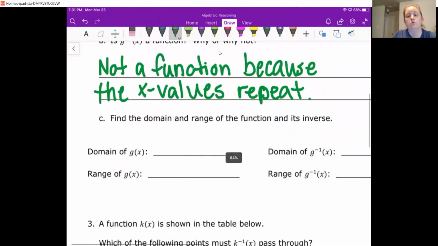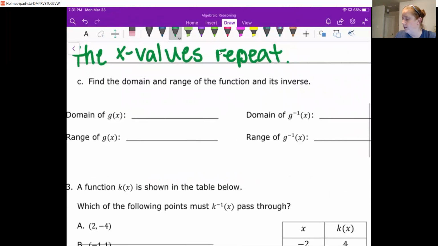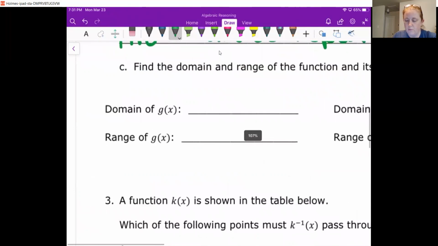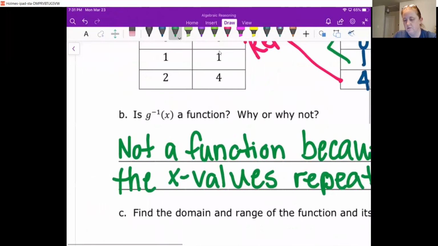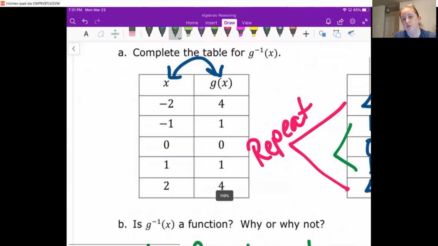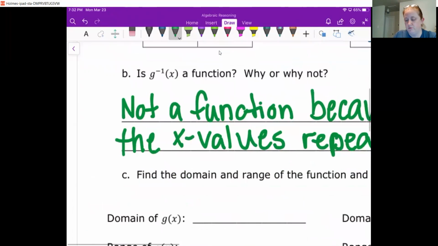Now, we can still do the domain and the range. So again, our domain are the original x values, our range, the original y values. So let's see what we have. So domain of g of x. So that's this first original column for the x's. That's our domain. Our range, the original y's.